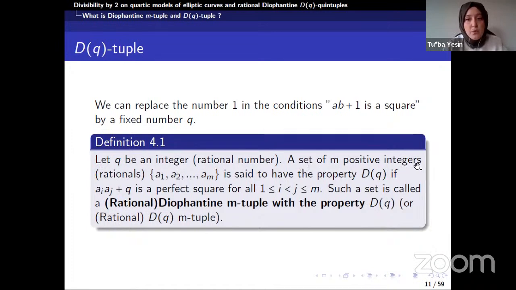A set of m positive integers or rationals from a1 to am is said to have the property D(q) if ai times aj plus q is a perfect square for all i, j from 1 to m, where i cannot be equal to j. Otherwise, we can call it strong. So the main difference is just to change this 1. Instead of 1, we can adjust a q. Such a set is called a Diophantine m-tuple with the property D(q), or basically we will just call it a D(q) m-tuple.